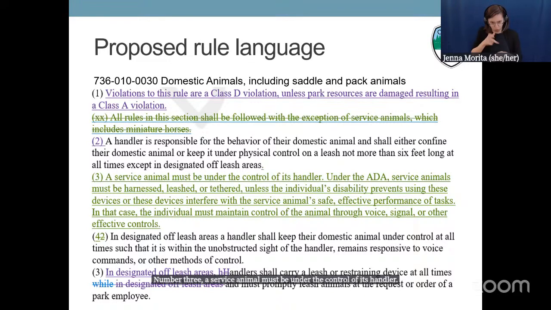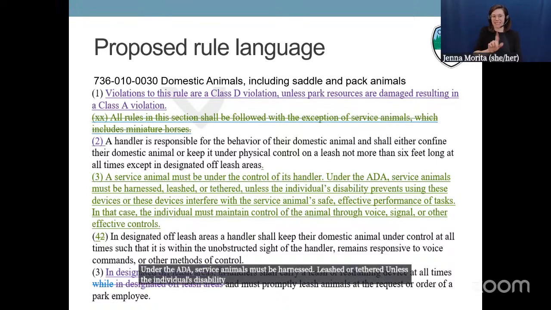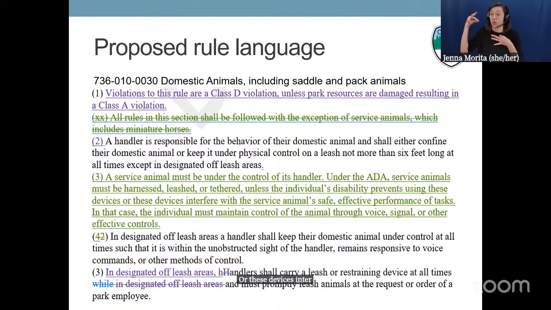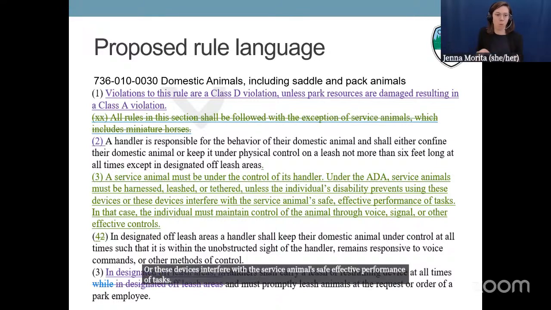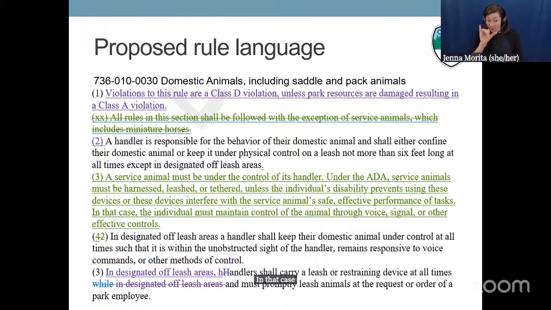Under the ADA, service animals must be harnessed, leashed, or tethered unless the individual's disability prevents using these devices or these devices interfere with the service animal's safe, effective performance of tasks. In that case, the individual must maintain control of the animal through voice, signal, or other effective controls.